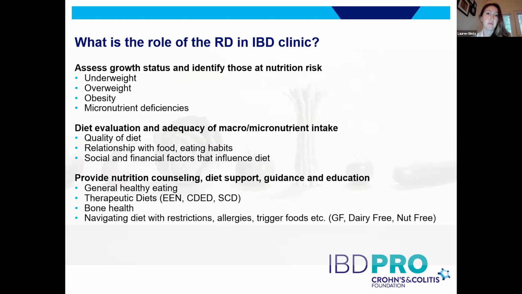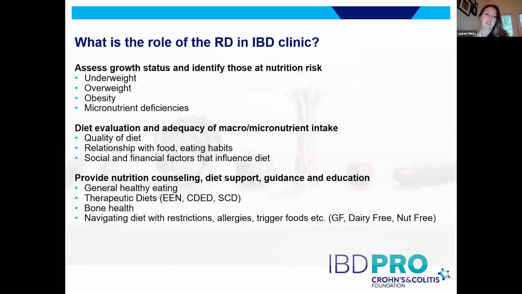I'm also, when I'm evaluating patients, getting an understanding of their diet and the adequacy of their macronutrient intake and micronutrient intake. So asking questions about what foods they eat, when they eat them, what a typical day of eating looks like for them, to get that data, but also probing more about the patient's thoughts around food and their relationship with food.